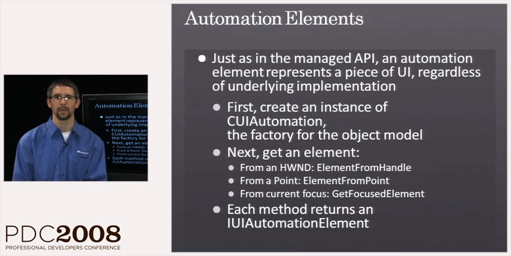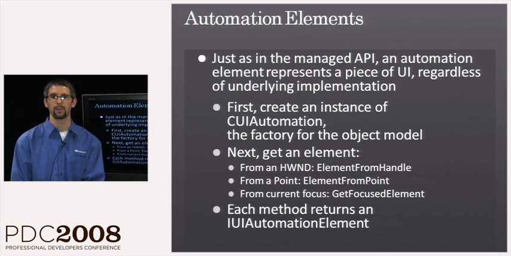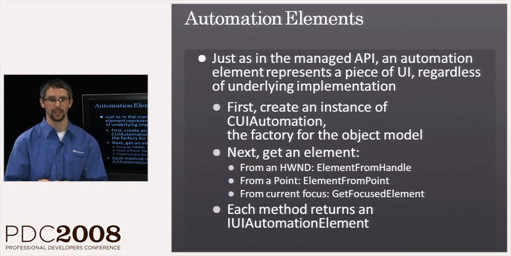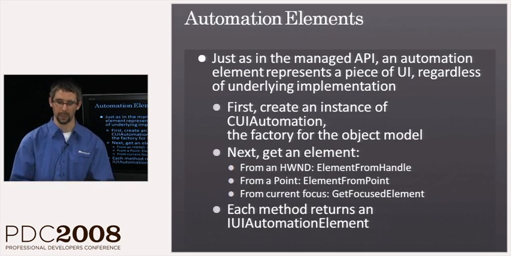Next, you're going to get an element, and CUIAutomation can help you get an element in a variety of different ways. If you have an HWND, you can call ElementFromHandle and get an element that way. If you know the location, you can call ElementFromPoint, which will hit test and get you the element. And I showed you GetFocusedElement, and there are a few other ways as well. Each of these returns the same kind of object, an IUIAutomationElement interface.